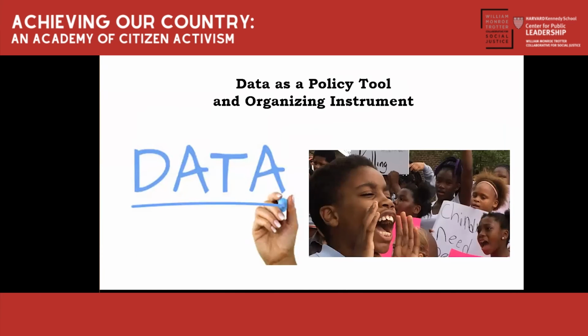Using data as a policy tool, just being very clear here. In New Jersey, there was a book called Marked, which described this problem of discrimination based on criminal records, written by a scholar by the name of Devah Pager. Now, what we did was we took her scholarship, that study that said a Black man without a criminal record is less likely to get a job than a white man with a criminal record. And we used her scholarship to organize people. Why?